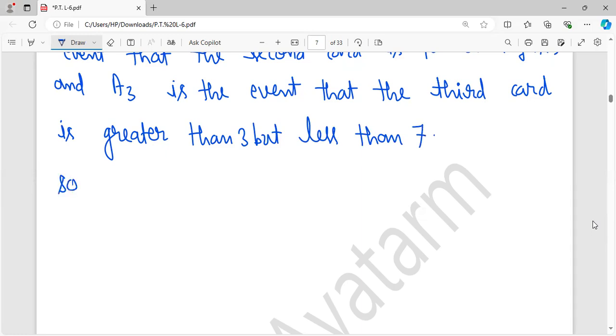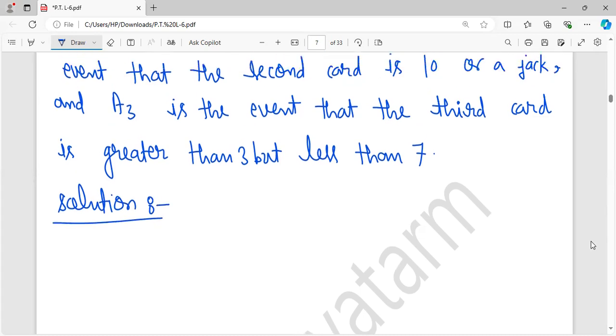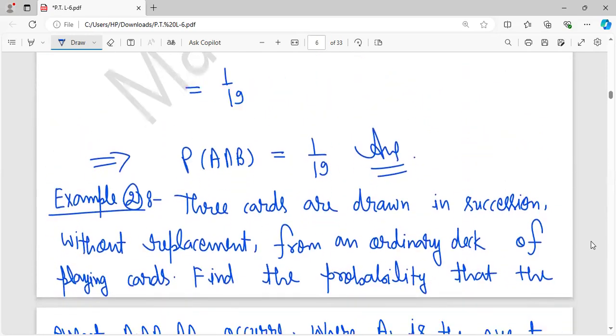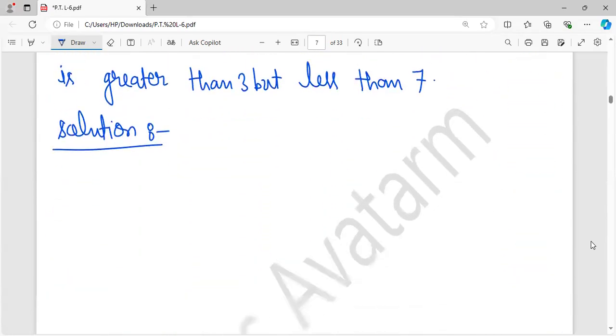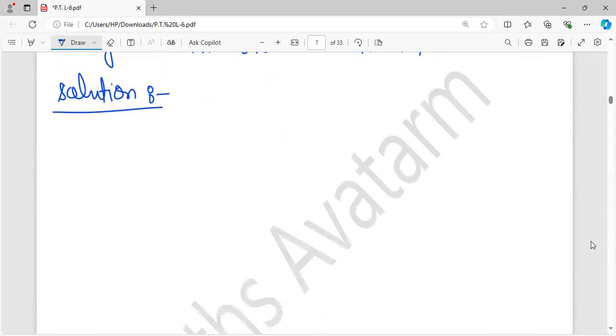So solution. What we have? We have to find the probability of A1 intersection A2 intersection A3.